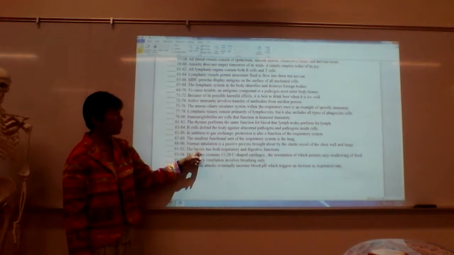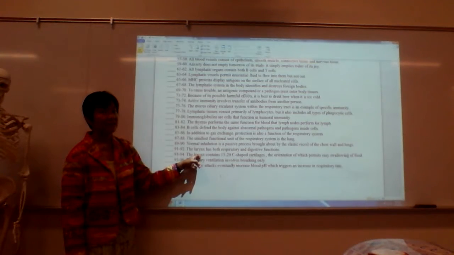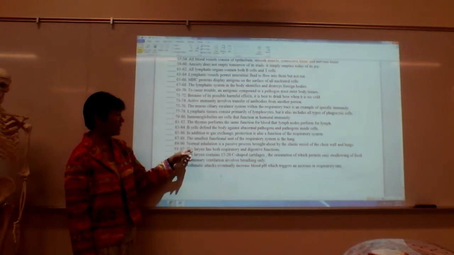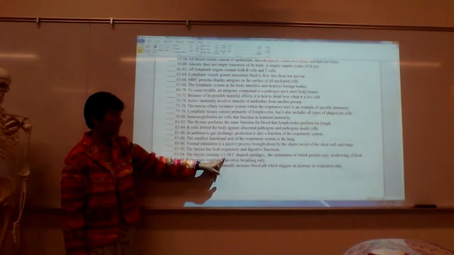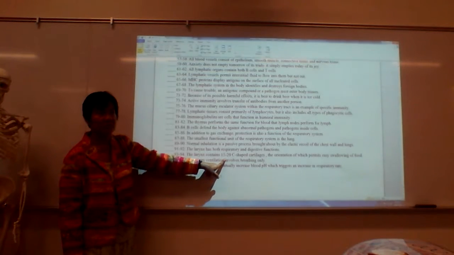The larynx has both respiratory and digestive functions. False. Which one has respiratory and digestive? It's the pharynx. So if this says the pharynx has both respiratory and digestive, then that's true. But this is the larynx here. The larynx contains 15 to 20 C-shaped cartilages, the orientation of which permits easy swallowing of food.